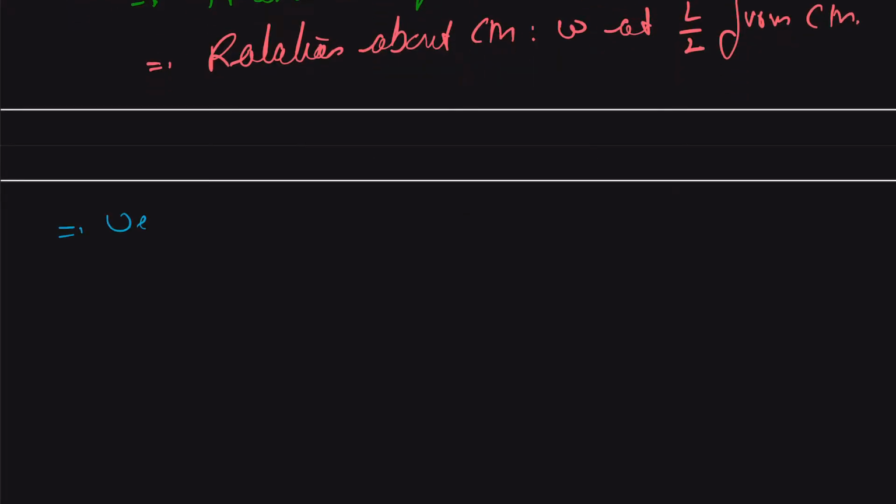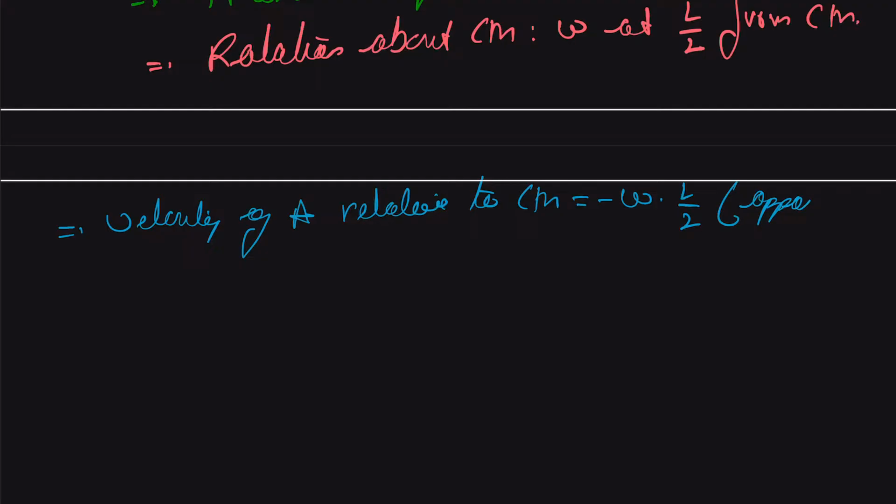So we can say the velocity of A relative to the center of mass will be equal to, obviously opposite to the impulse that is because of the hammer, so that will be minus omega L by 2, and that is opposite to the blow. Blow is because of the hammer.